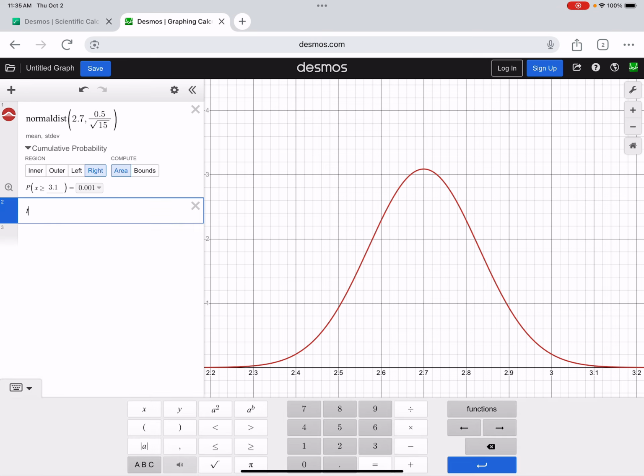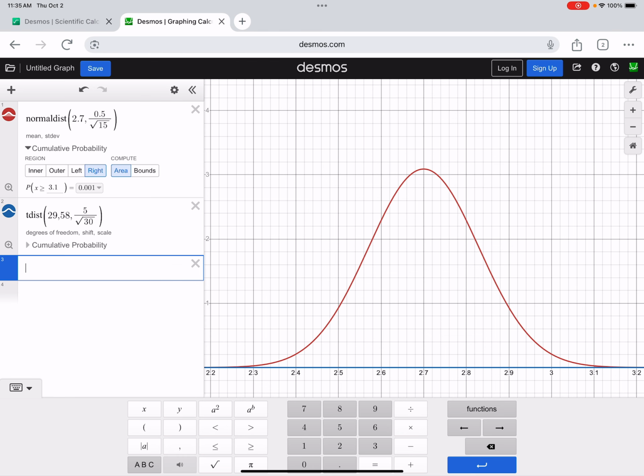So I'm going to use the t-dist. And yes, we have to put degrees of freedom first, right? 29 degrees of freedom. 58 was the mean. And the standard deviation was 5 divided by the square root of 30. Okay, so there's our t-distribution.